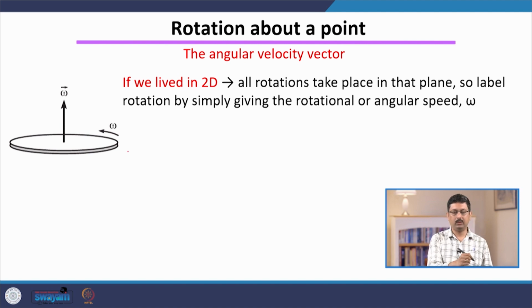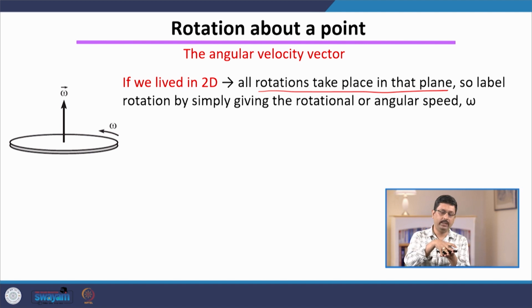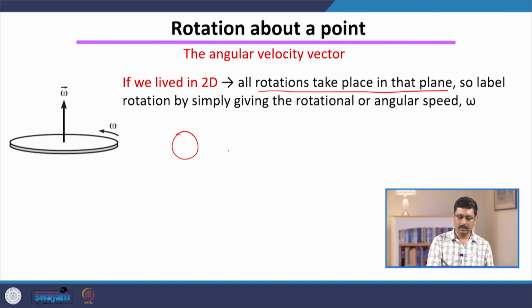The disk is rotating in 2 dimensions, and all rotations take place in that 2 dimensional plane. Some object, some mass is rotating, an extended object or a point living on the plane, like for example a circle or some complicated shape.